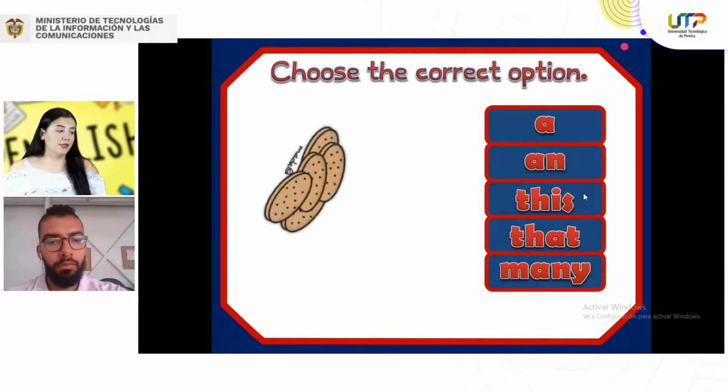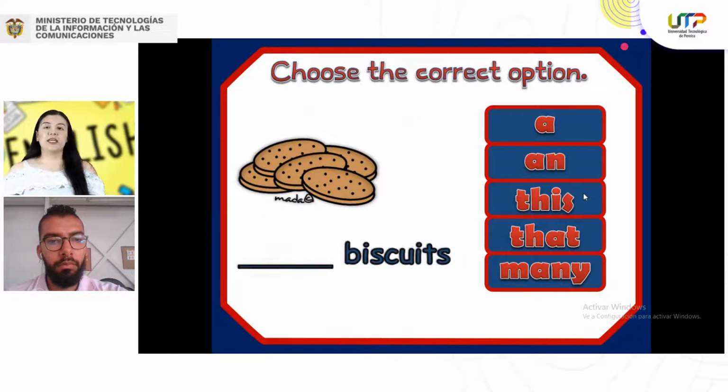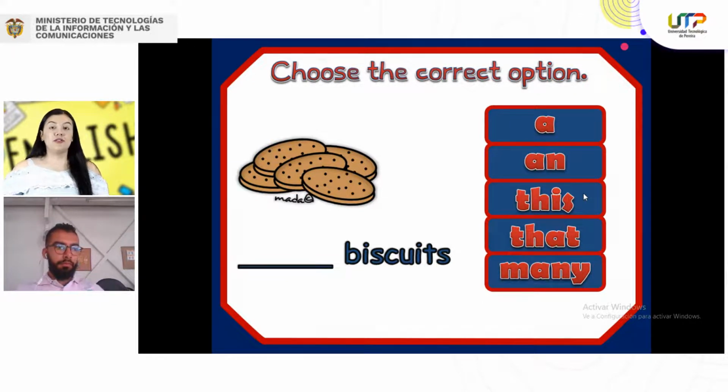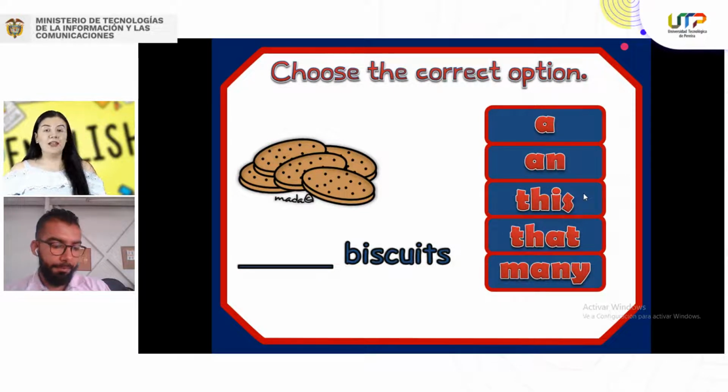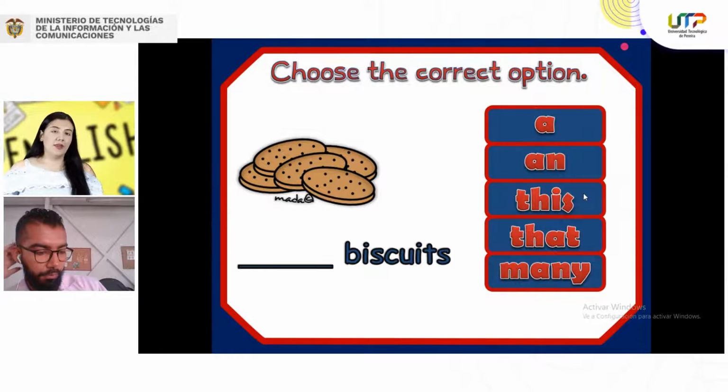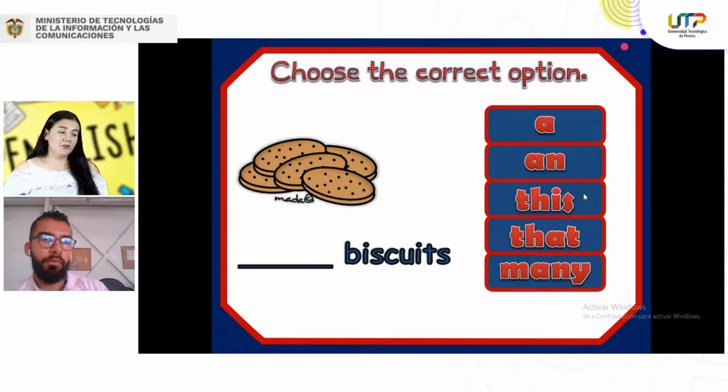What about this one? Biscuits. Can we count biscuits? 1, 2, 3. What do you think? Is it countable or uncountable? And what is the correct option? So we got different options here. Option 1, a. Option 2, an. Option 3, this. Option 4, that. And option 5, many.